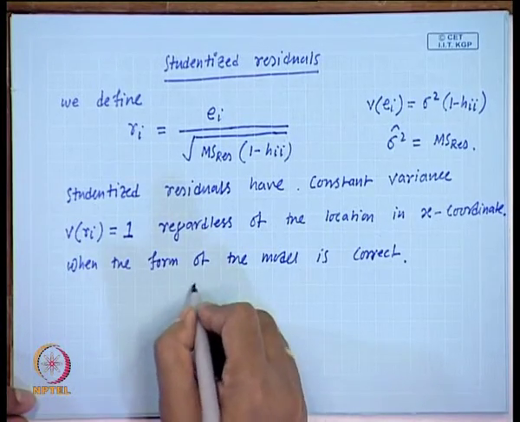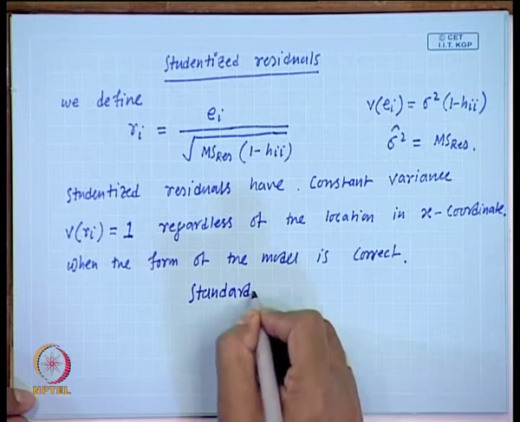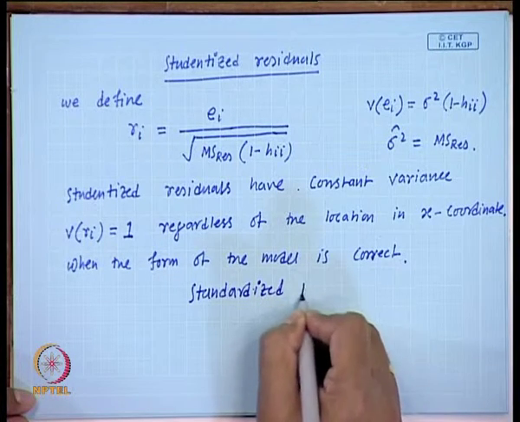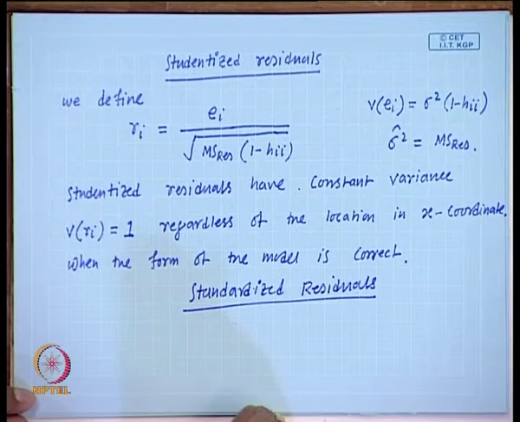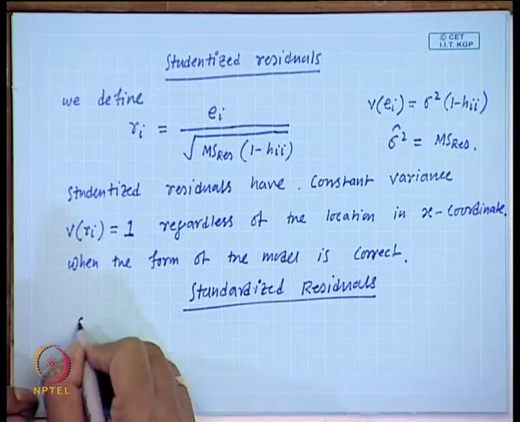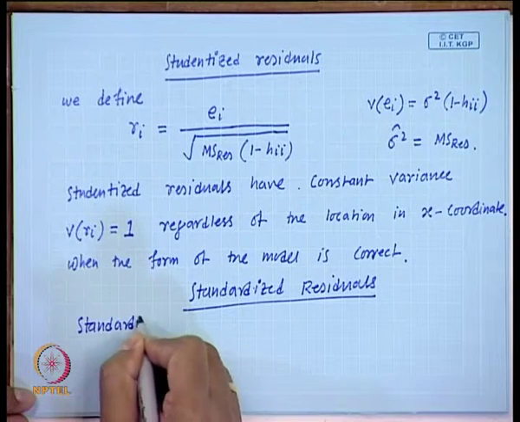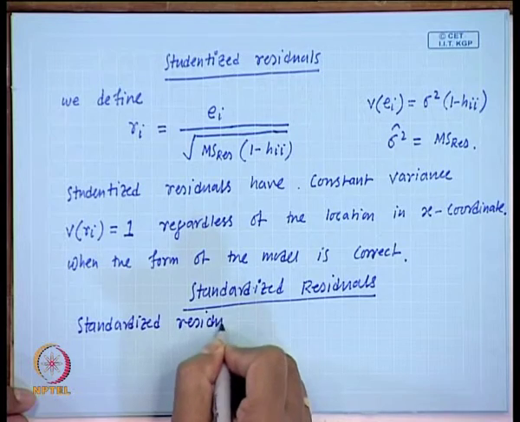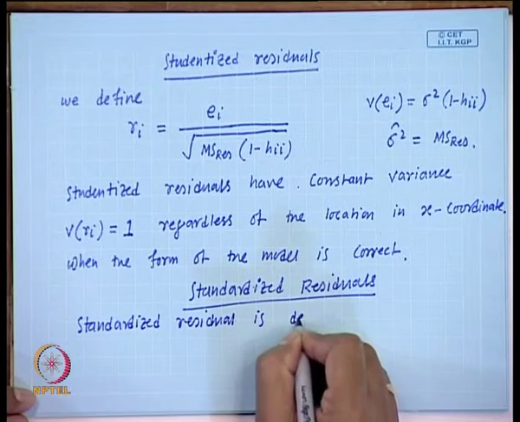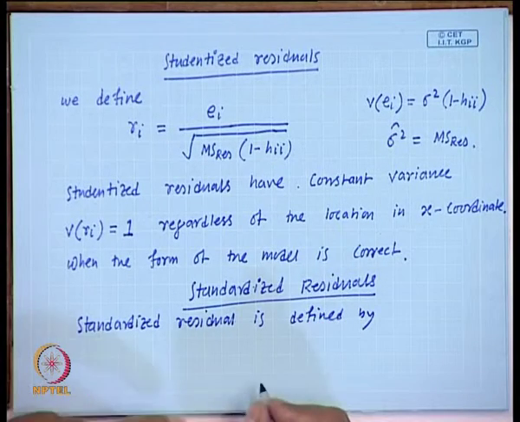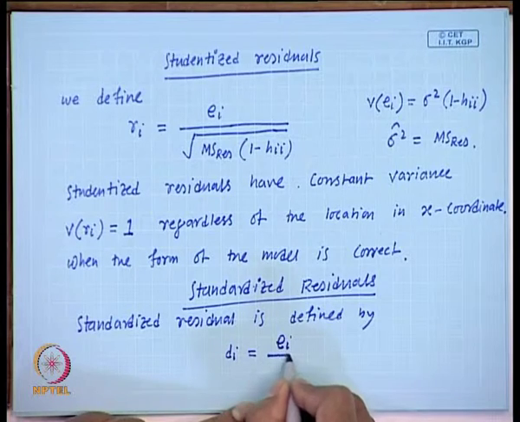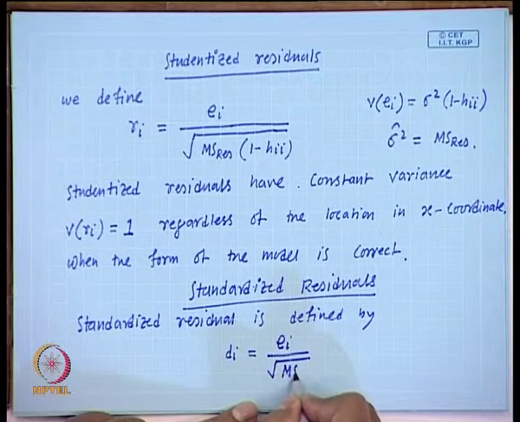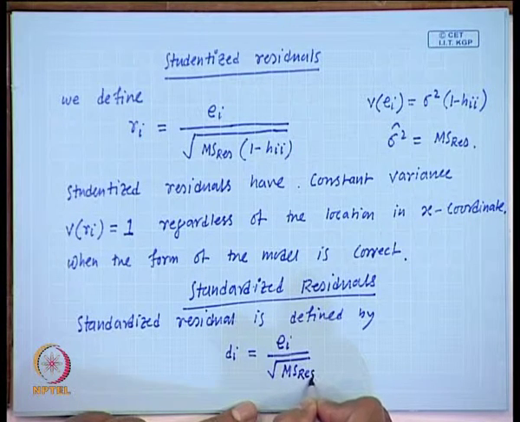Next, we will be talking about the standardized residual. So, what is a standardized residual? A standardized residual is defined by di equal to the ith residual divided by just the square root of MS residual.